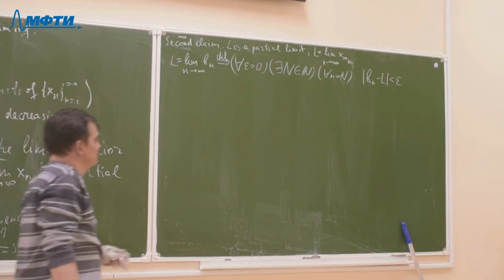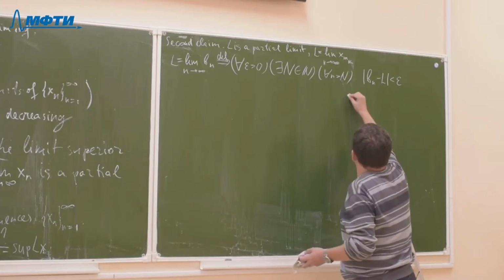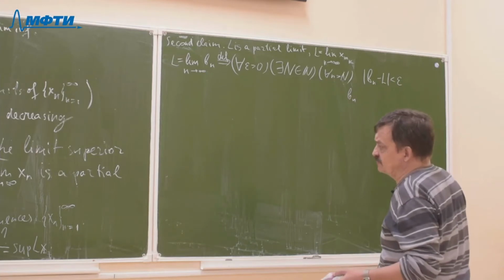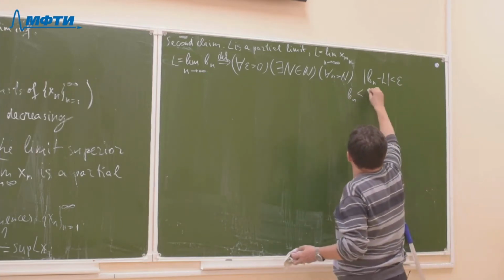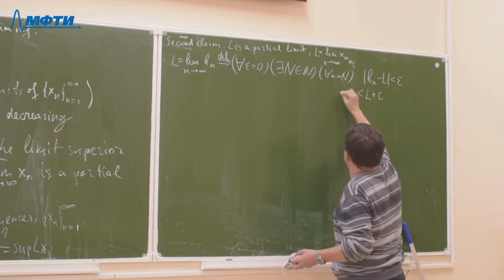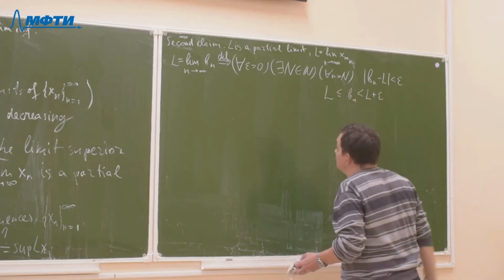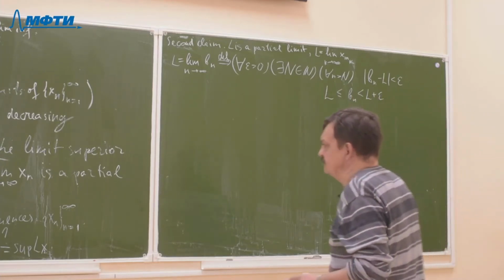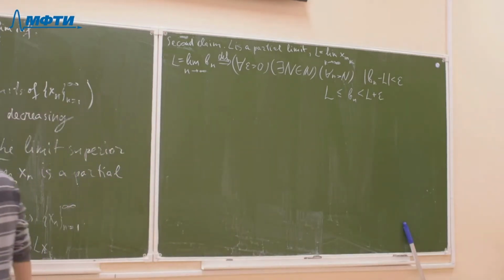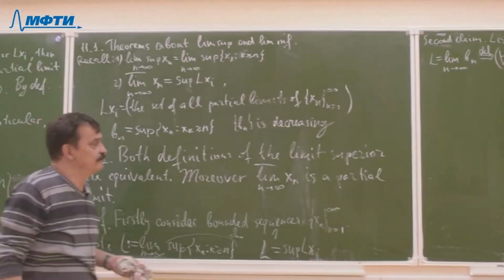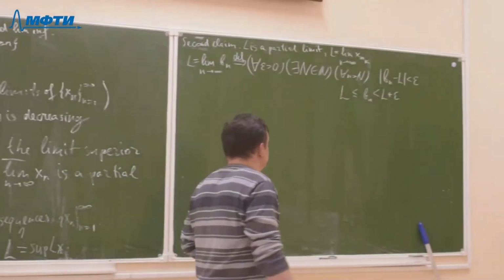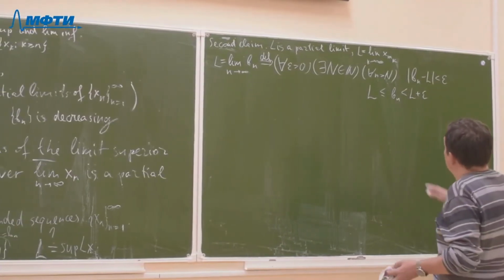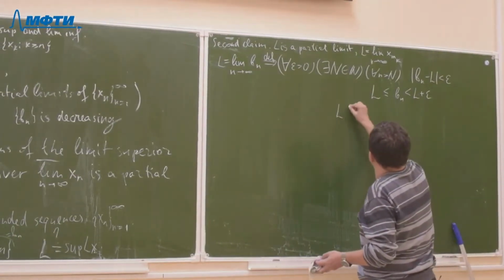B_n is decreasing, so B_n is less than L plus epsilon. In fact, it is greater or equal to L, since B_n is decreasing. And in fact, we don't need it essentially, as you will see. Now what we want to use: B_n is a supremum, so let me write it in detail.